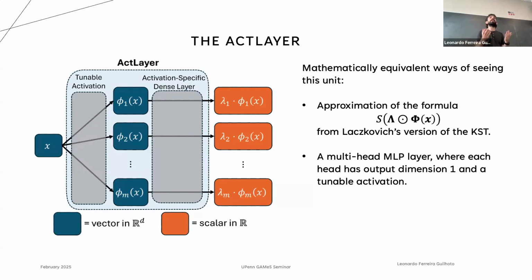And if you're familiar with the transformer neural network architecture, something that it does is that instead of having, for example, one large attention block, it has several small attention units that are run in parallel and then concatenated at the end. And this is exactly what's happening here, but instead of having a small attention block, we have these small multi-layer perceptron blocks, where each one of these heads computes the forward pass of a simple layer from a multi-layer perceptron.